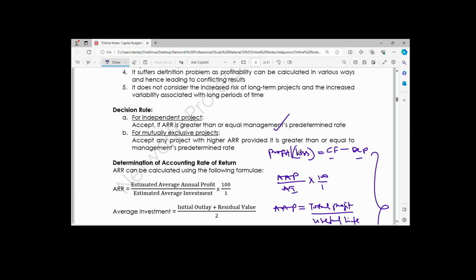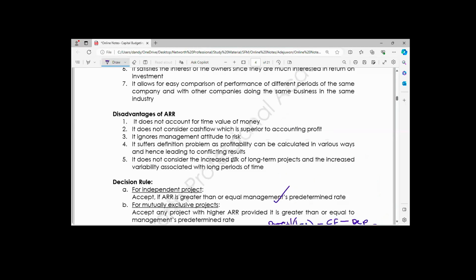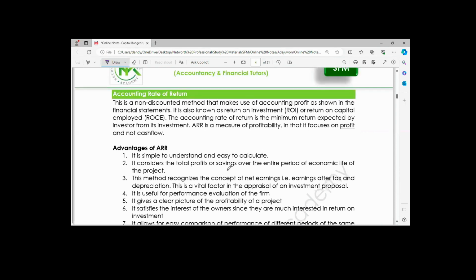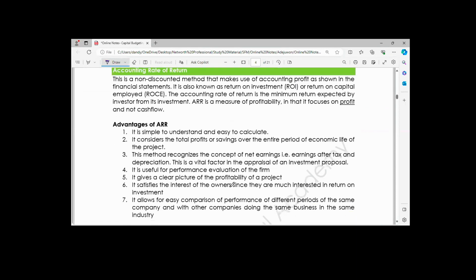If you are not given the management targeted ARR, there will be no basis for the acceptability of the project, because you need to compare your calculated numbers with the management targeted numbers. This is just a refresher, something you have done previously under performance management.